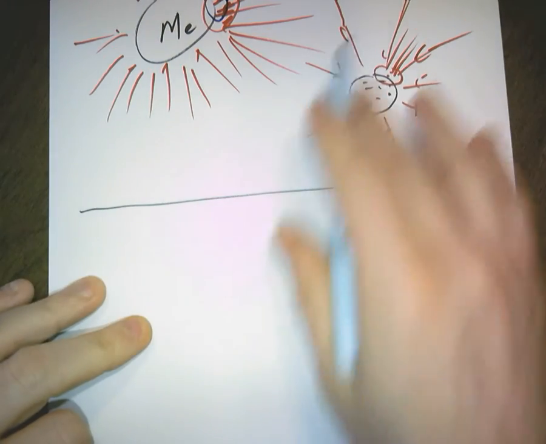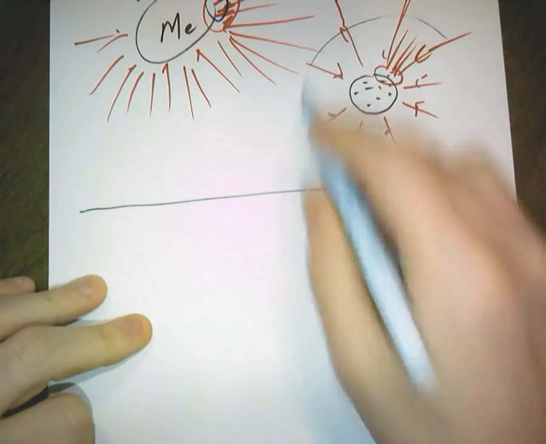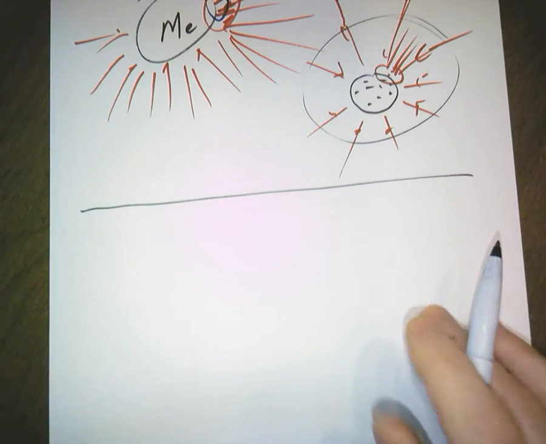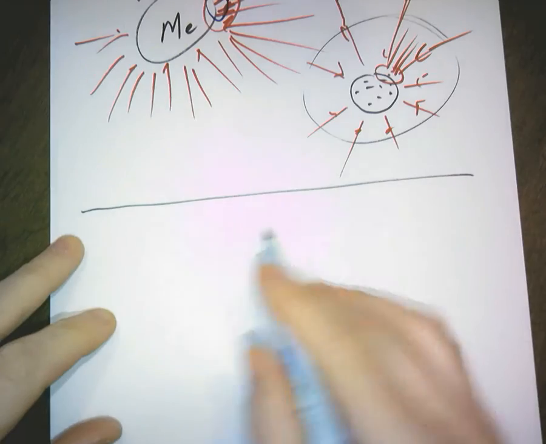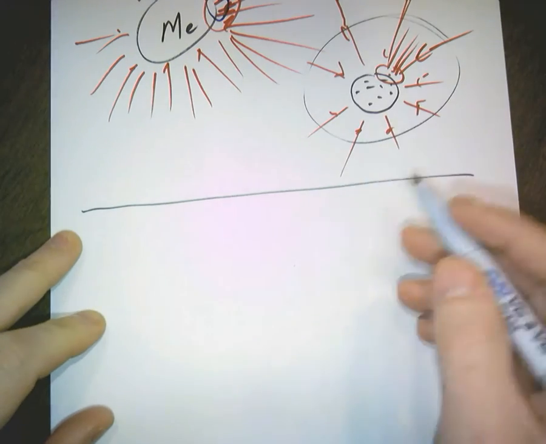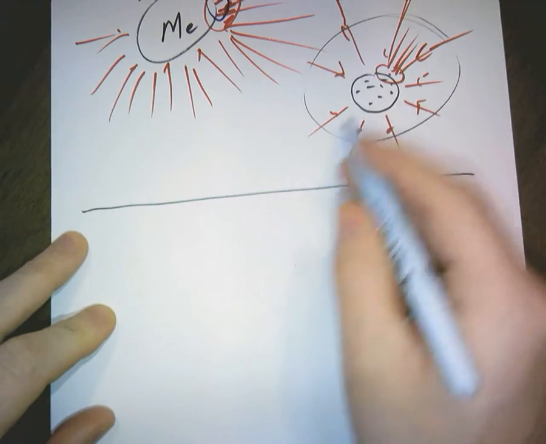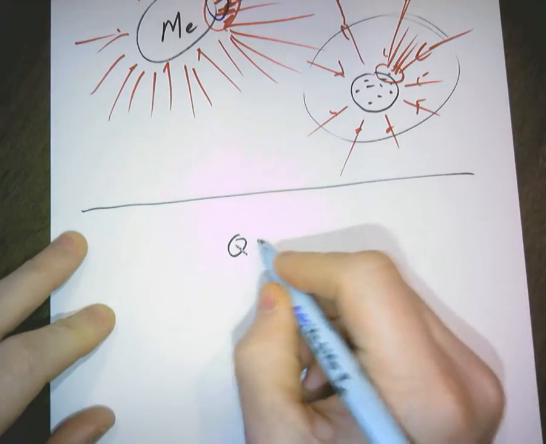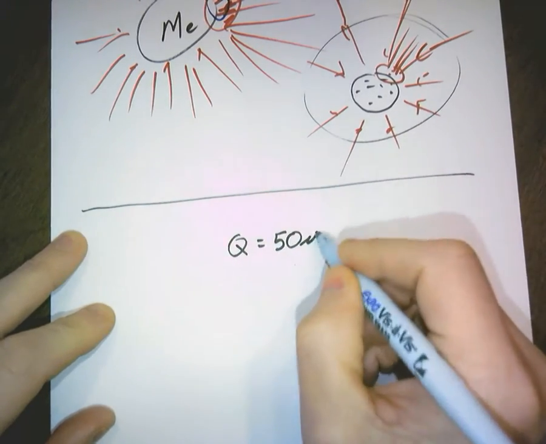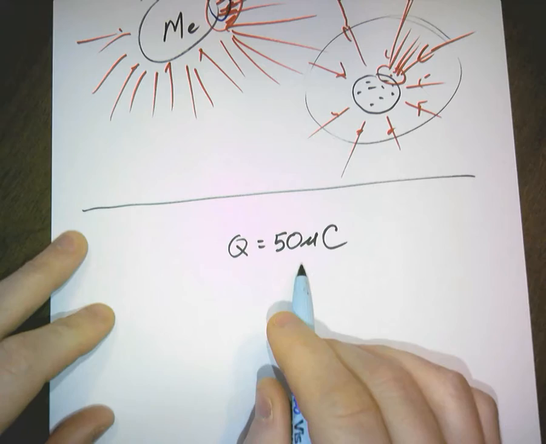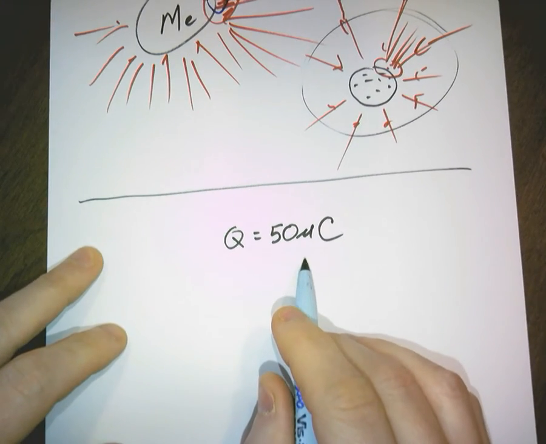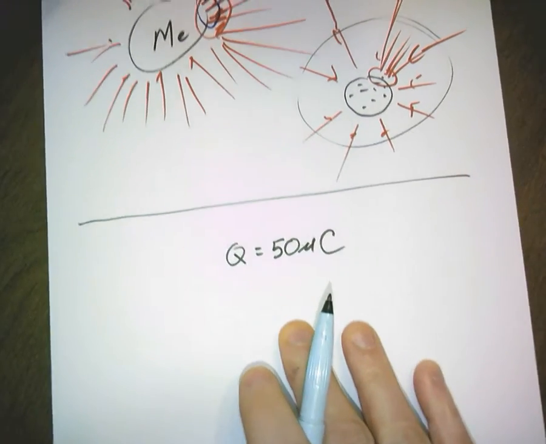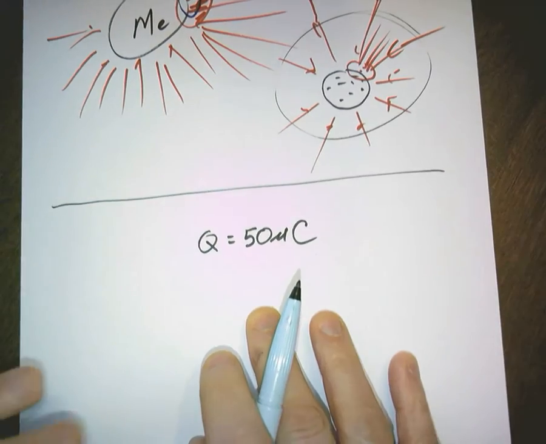Speaking of a varying field, this is kind of a bigger picture. So, 2 more things I want to do. Let's say you have a Van de Graaff with a big old charge, 50 microcoulombs. That's a pretty big charge, going to give you a pretty big jolt, way bigger than in the classroom or in the statics lab we did.